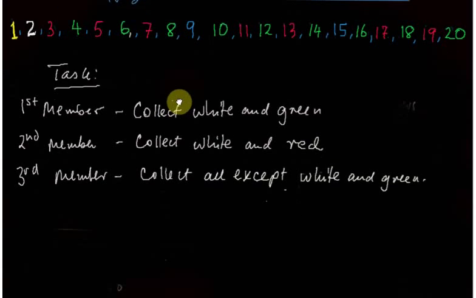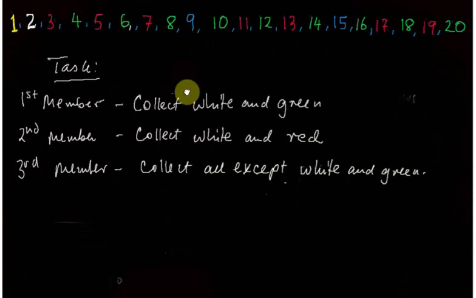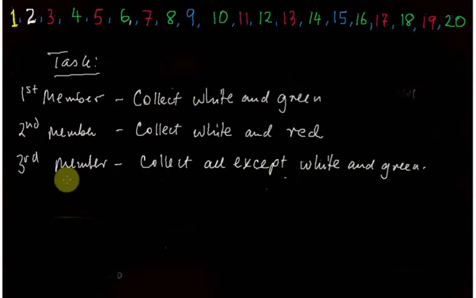The first member was asked to collect the white and green. So white and green gives us 2. Now I'll collect them using this single color, white. White and green, this is first.